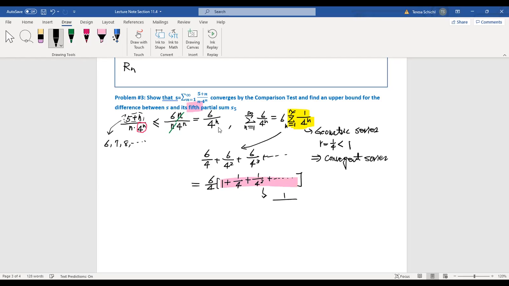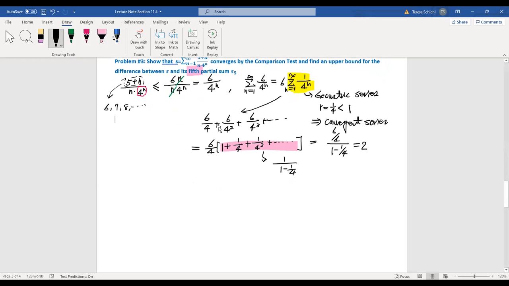So it's 1 over 1 minus 1/4. So the whole thing here will converge to 6/4 times 1 over 1 minus 1/4. So what is this value converging to? This value is converging to 2. All right, so this value is converging to 2.